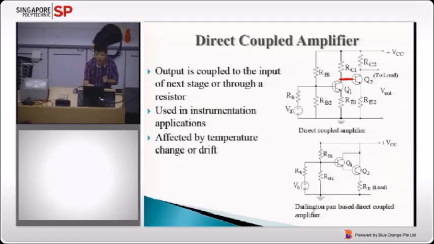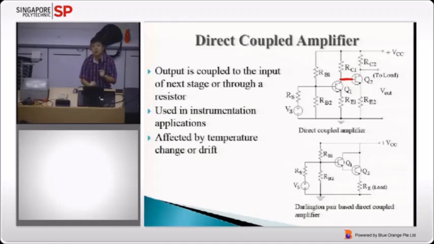Can you see that there's nothing in between? Any signal can go through, 0 hertz can go through also. Let's say your output on the first stage is 0 hertz. Can it go into the input of the second stage? Yes, so the 0 hertz or DC signal can pass through, reach your second stage, and get amplified. That is one of the advantages.